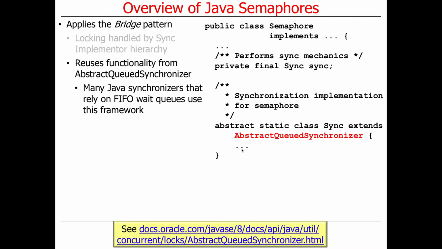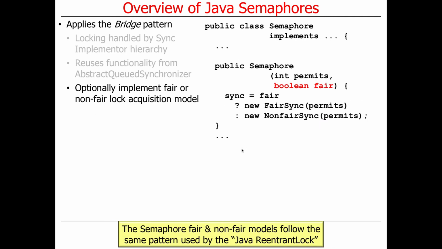Basically it provides locking for so-called FIFO synchronization, first in, first out. There's a whole pile of them, like reentrant locks, reader-writer locks, semaphores, some other stuff as well. And basically they all work by keeping a count of something and then being able to have first in, first out access to update or decrement the count atomically. I'll talk about that later. It's a very cool framework. There's a really nice article that explains how it all works, but we don't have to know the details of it at the moment.